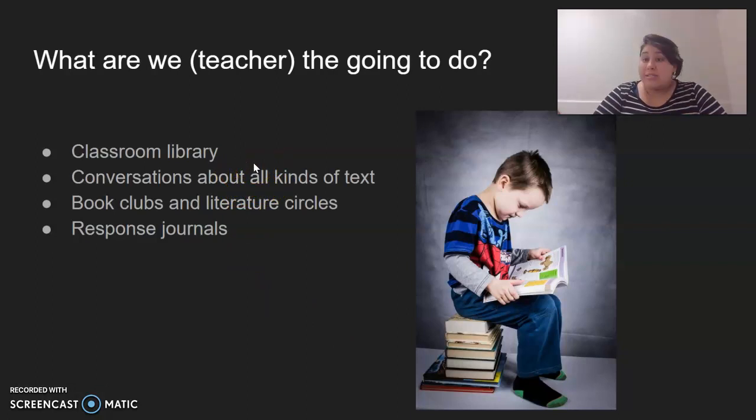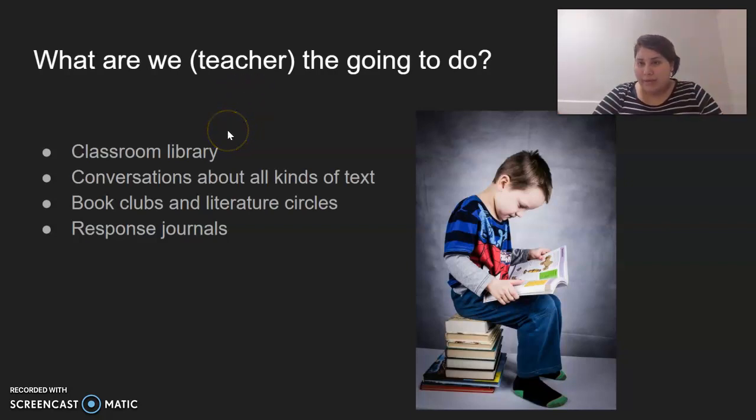Each class has libraries of books of all different genres, from fiction, fairy tale, folk, poetry, drama, like every type of book that there is, every type of story that they're going to encounter in the STAAR test. We have books that have those storylines.